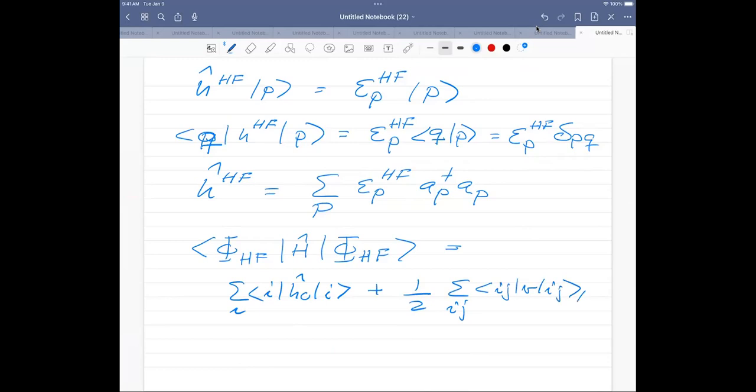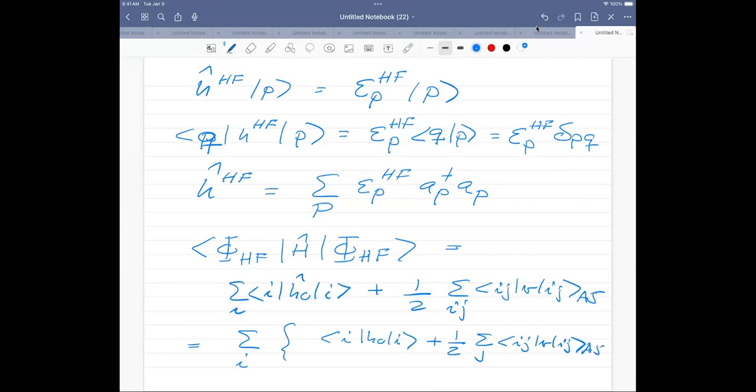Vij here, anti-symmetrized. Now we can actually rewrite that one in terms of the Hartree-Fock energies. As you can see, you can rewrite this one in terms of this sum over i. So let's just put that out here. So we have a sum over i of ⟨i|H0|i⟩ plus 1/2 a sum over j and ⟨ij|V|ij⟩, anti-symmetrized.